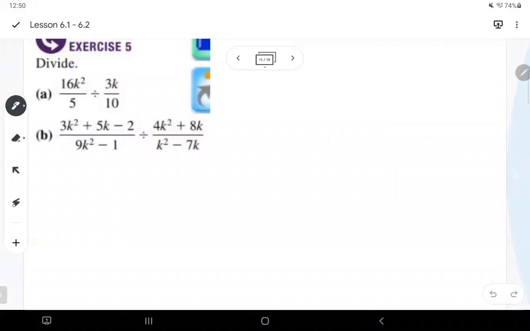Okay, so we'll do a first. And what I'm going to do is factor and flip at the same time. So here we would technically have 4k times 4k over 5. We're going to multiply by our reciprocal.